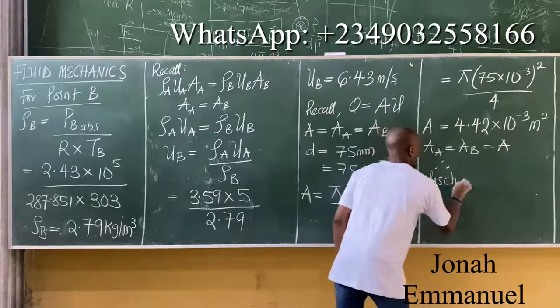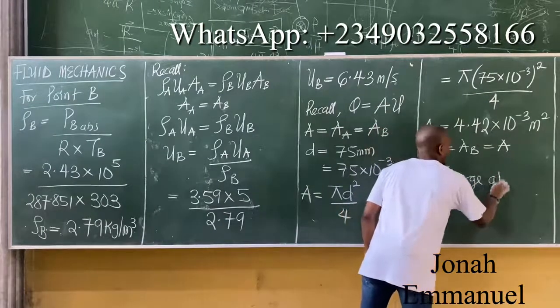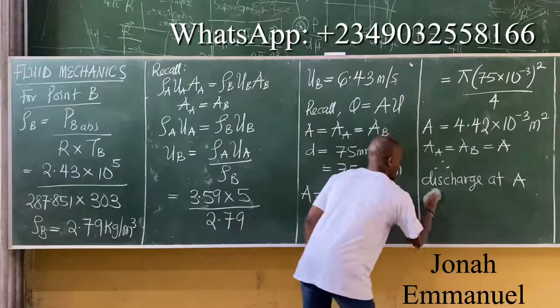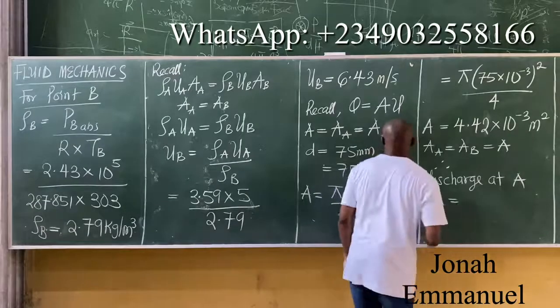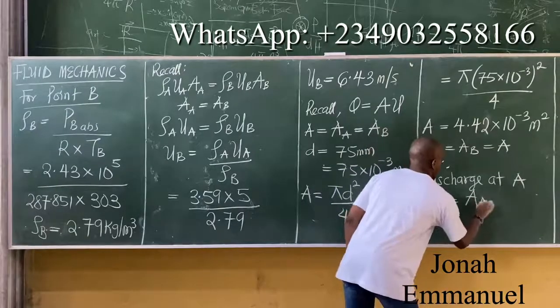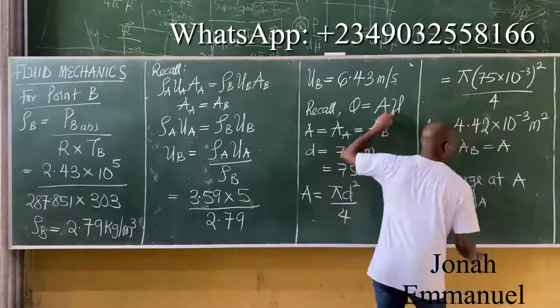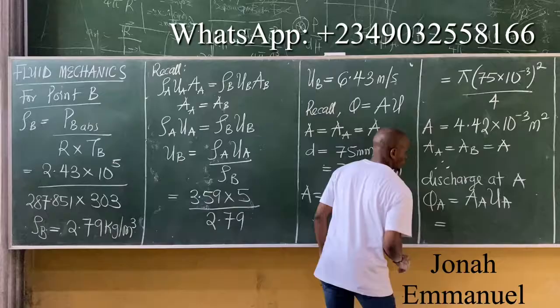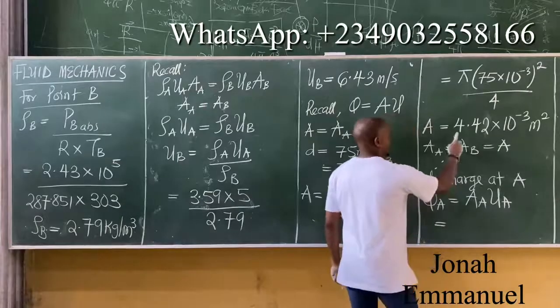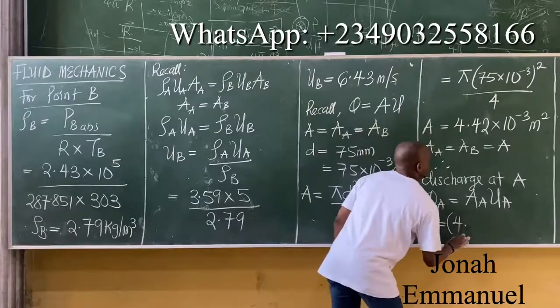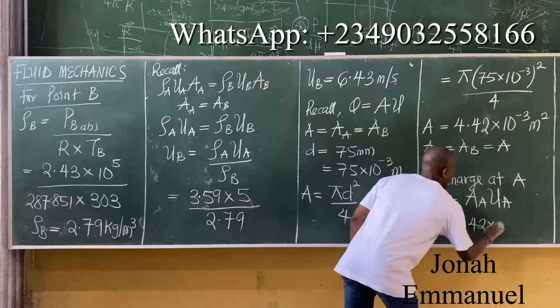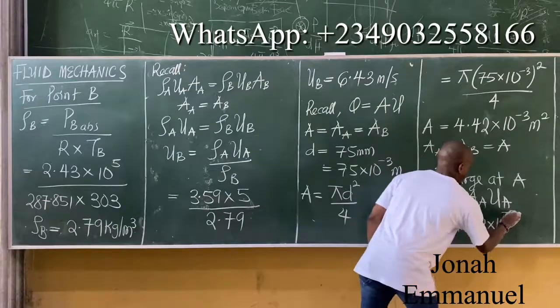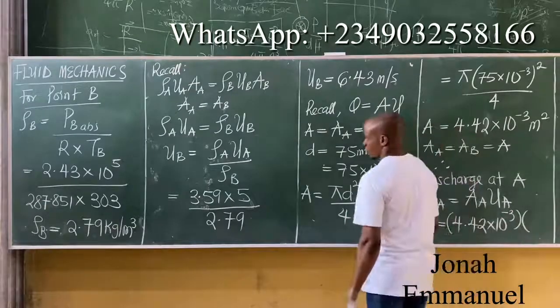So therefore, discharge at A, that's QA, is equal to A times U. So AA times what there? UA. That's equal to AA, same value, 4.42 times 10 to the power minus 3 into UA.